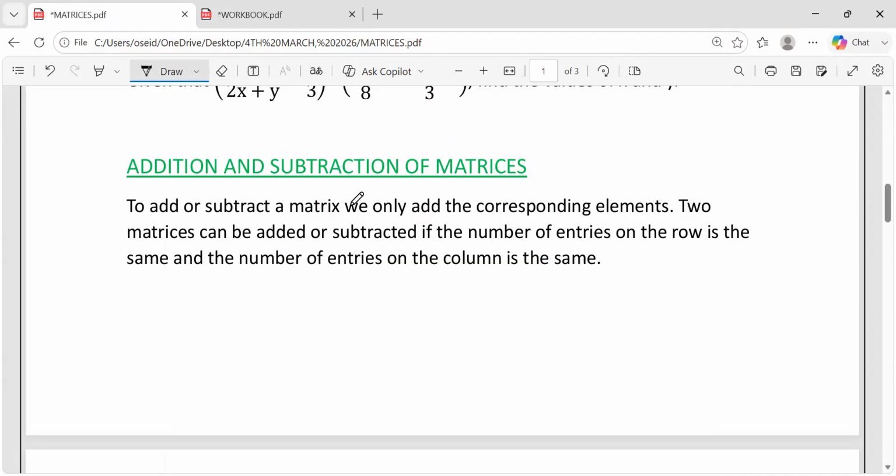Like we did for the equality, we equated the elements or components to their corresponding members. So for addition and subtraction, we also use the same procedure. Two matrices can be added or subtracted if the number of entries on the rows is the same and the number of entries on the columns is the same.